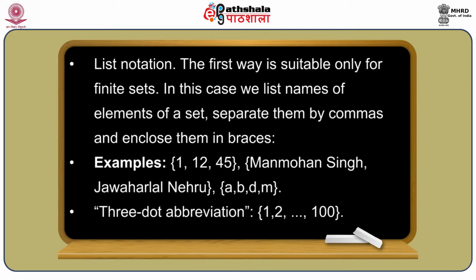Or {Manmohan Singh, Jawaharlal Nehru}, {A, B, C, D, M}. We might also use a 3-dot abbreviation when it's clear what it means. So you might see something like {1, 2, ..., 100}. This means the set of all numbers from 1 to 100.